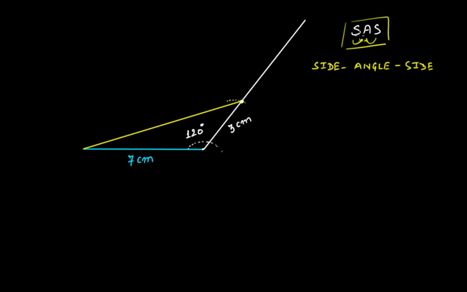So the SAS, that is side angle side criterion, is this only: if two triangles are there, let's say triangle ABC and triangle PQR, such that two sides and the including angle are equal, then these two triangles will be congruent.